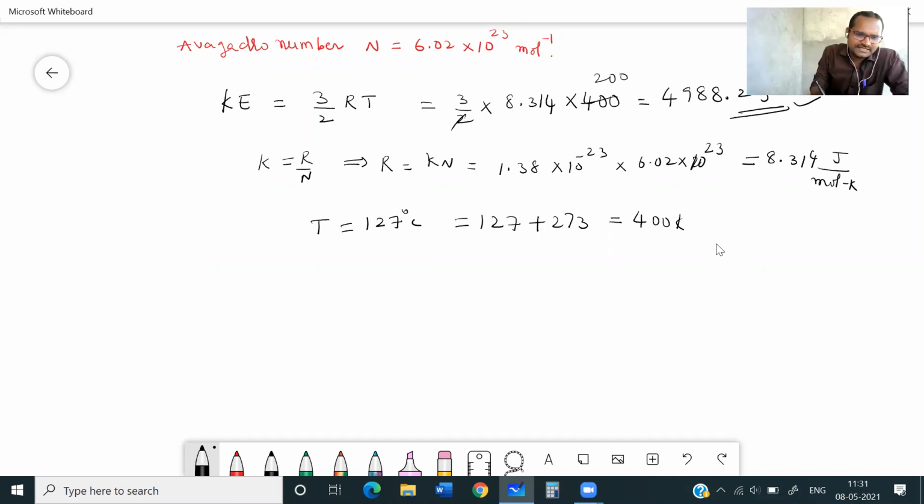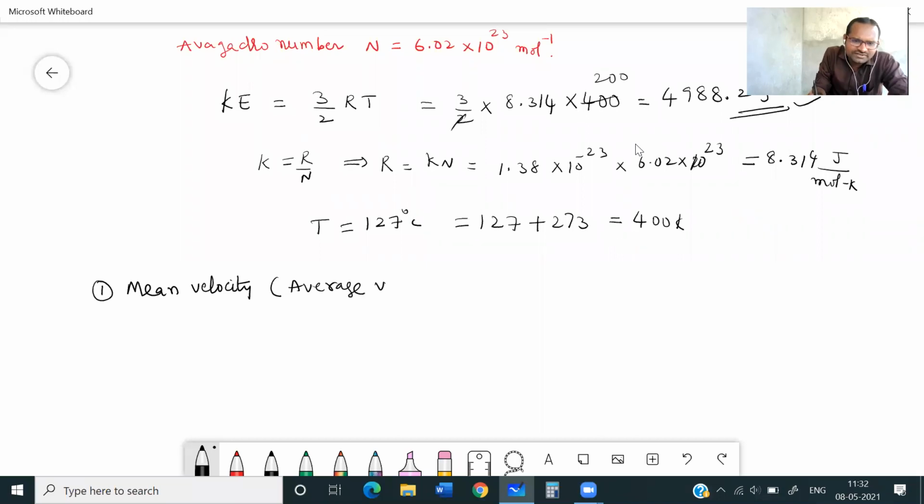Now, according to the kinetic theory of gases, the gas molecules inside a container will be in random motion. When they are in random motion, they will have 3 types of velocities. So every gas contains 3 types of velocities. First is mean velocity, mean speed or average speed, or average velocity.